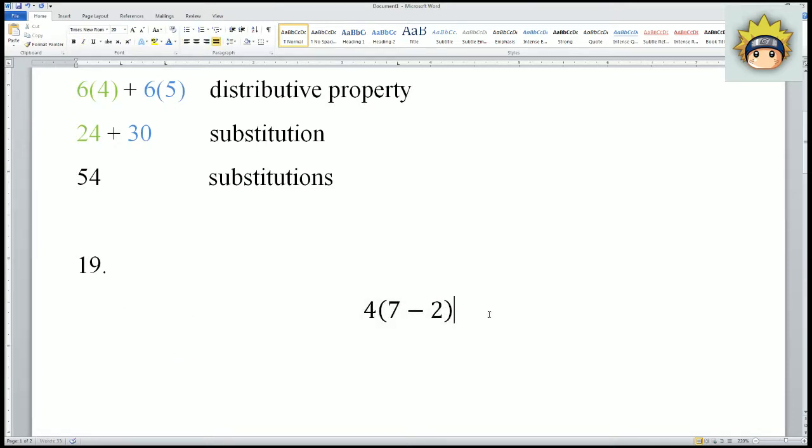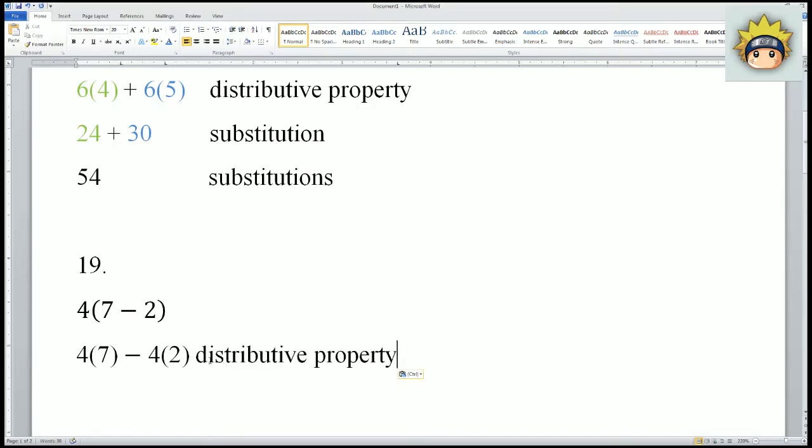So it's going to look like this. 4 times the 7. Then the subtraction sign right here. Then 4 is going to multiply into that 2. That is called the distributive property.